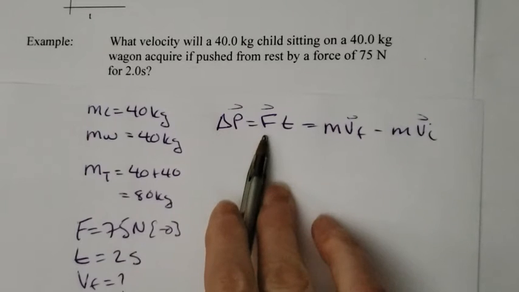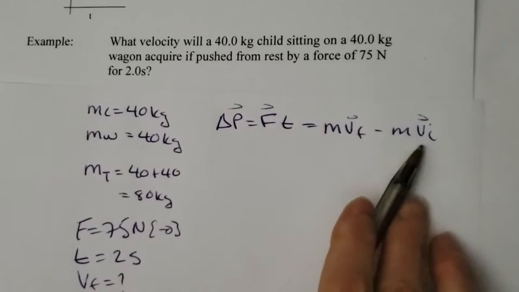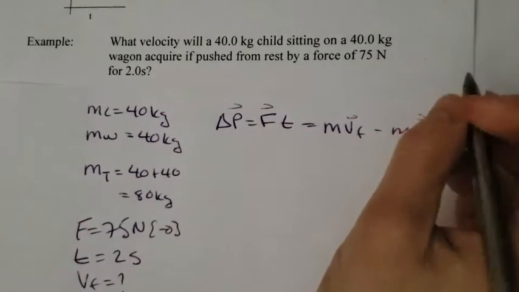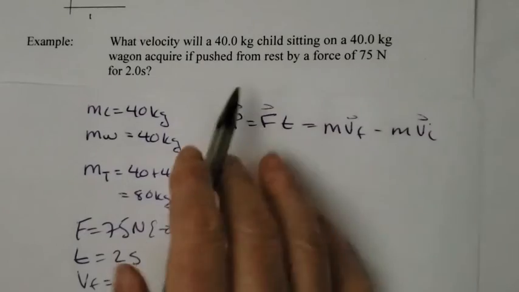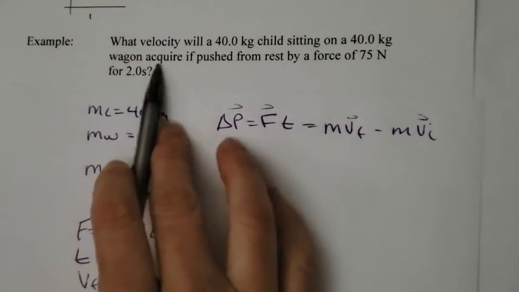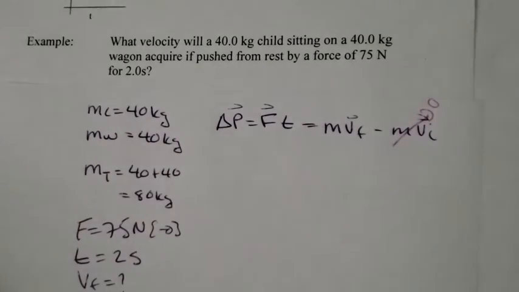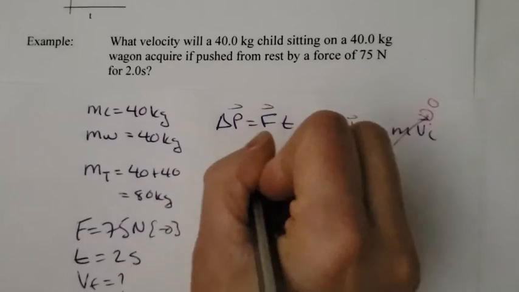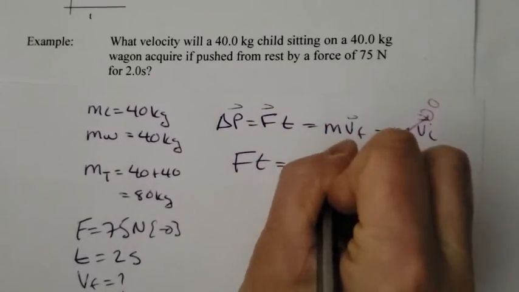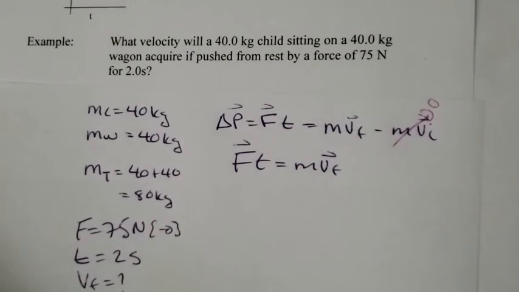So if I know F, t, m, and vi, I can actually solve for vf. Right off the bat, I know vi because it's starting from rest. The child sitting on it starts from rest, so I know vi is equal to 0, so that disappears. So now I'm left with Ft is equal to mvf. To get vf all alone, I divide both sides by m.